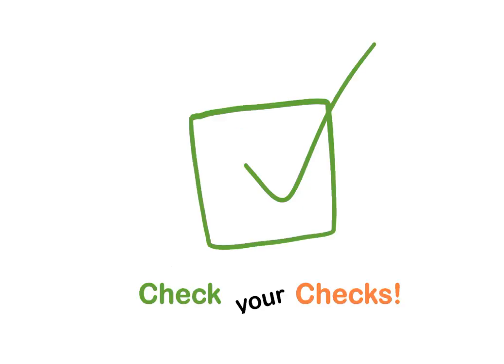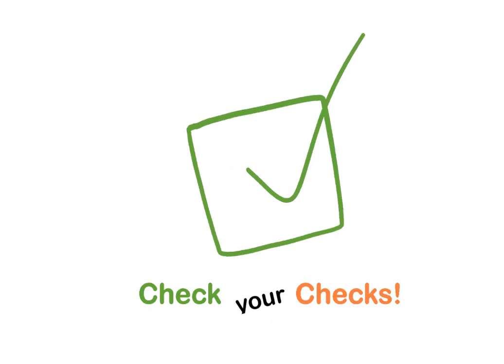Okay, everyone, this is the part of the video where you really want to check back on the answers to those checks that were assigned to you as you were watching.